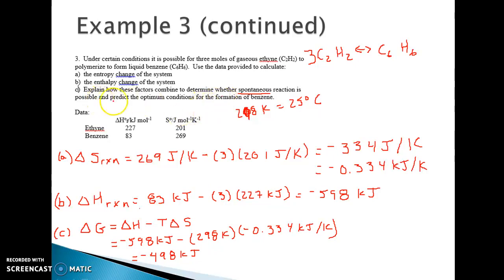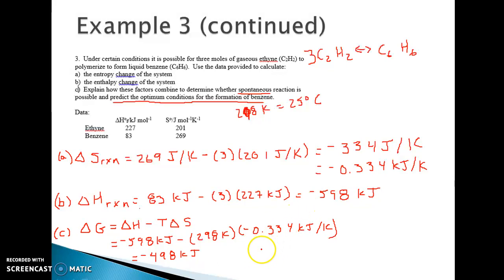So then the last part of this question is predict the optimum conditions for the formation of benzene. So this is a situation where at 298 Kelvin, our entropy change is negative and our enthalpy change is negative. Now, if you remember back to that chart we made in the previous video, when we have that situation, the negative entropy change and a negative enthalpy change, that is going to give us the situation where things will be spontaneous if it's below a certain temperature.